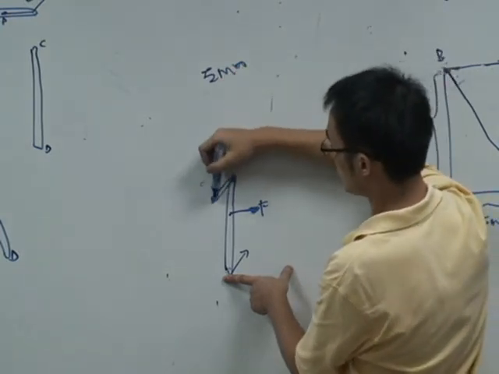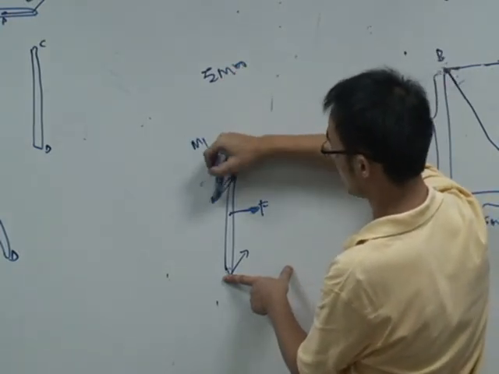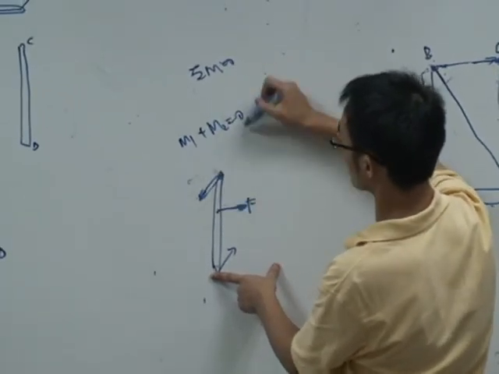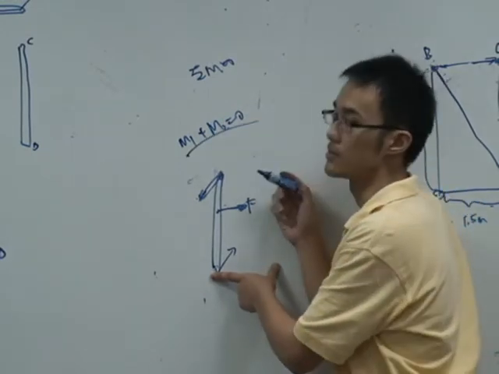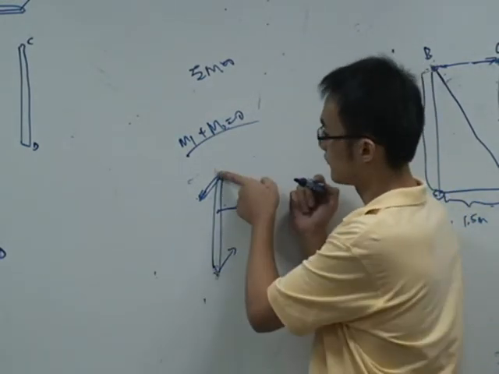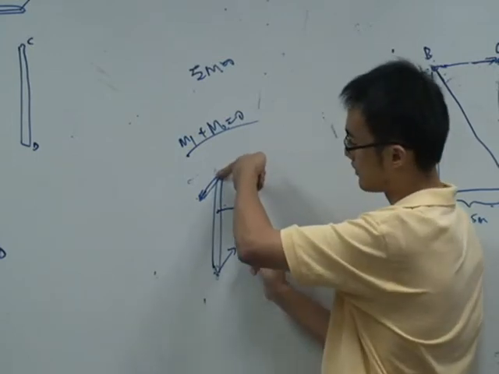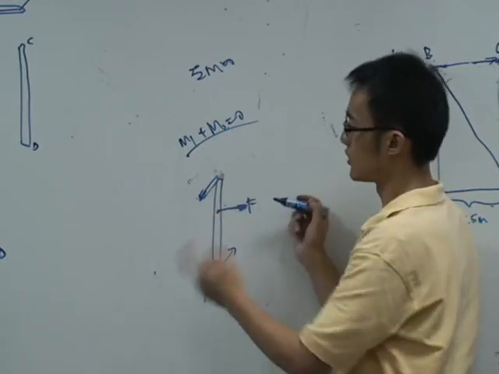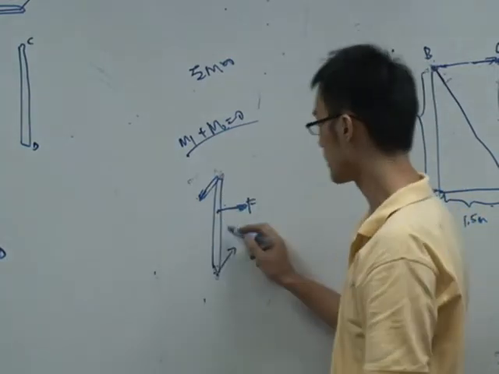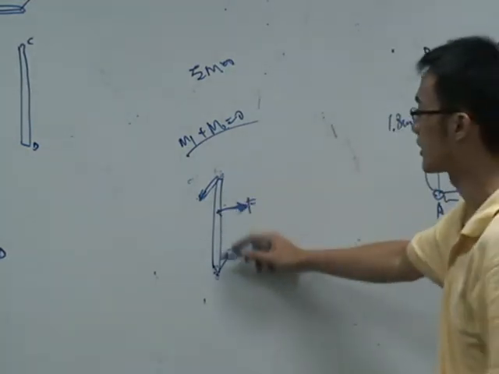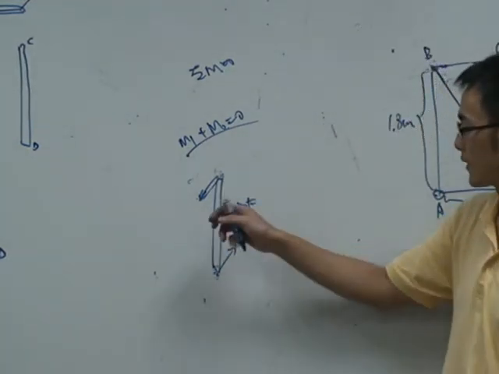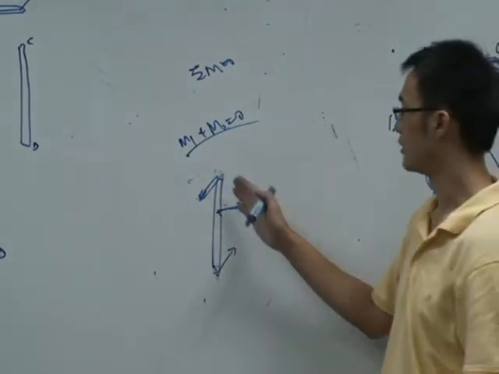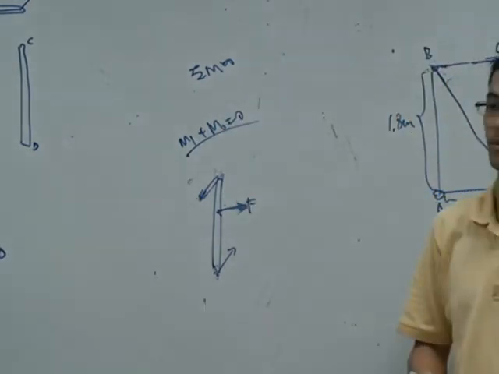As long as the moment created by this one plus the moment created by this one equals 0, then this member will be in static equilibrium. The same for this point: the moment created by this one plus the moment created by this one, if equal to 0, will be in static equilibrium here. So in this case, if there are any forces acting in between the two ends inside this member, this theorem does not apply.